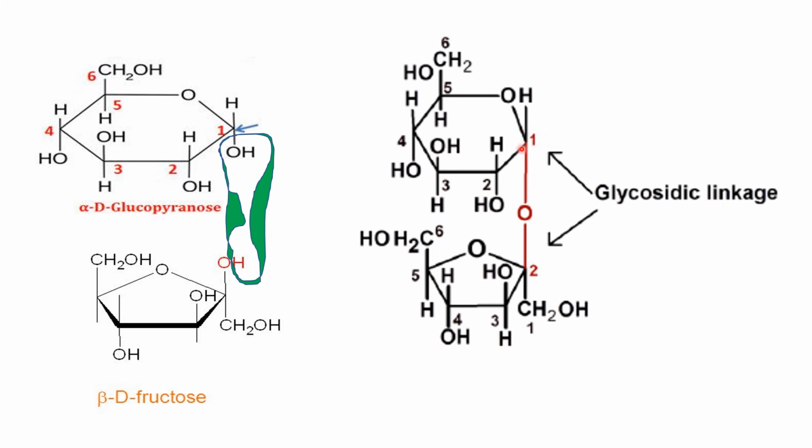That means the first carbon atom of alpha glucopyranose with the second carbon atom of beta D fructose. This is called the glycosidic linkage. So draw alpha D glucopyranose, then beta D fructofuranose, then show this structure. This is the structure of the sucrose molecule. Very, very important.